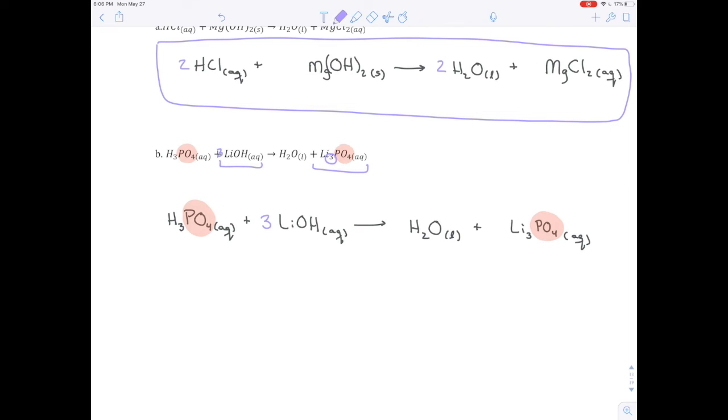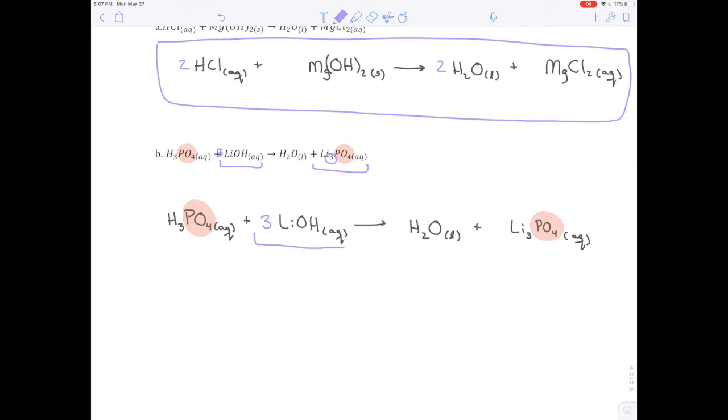Okay, how many oxygens are on the left side? Notice, I'm not going to include the oxygens in phosphate, because that is sticking together with the phosphorus to act as one thing. We've already balanced that big thing when we balanced phosphate. So I'm going to ignore those oxygens now. Only the oxygens outside of phosphate are the ones that I'm going to look at.